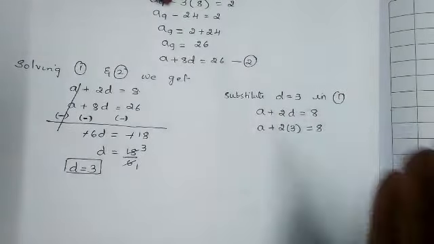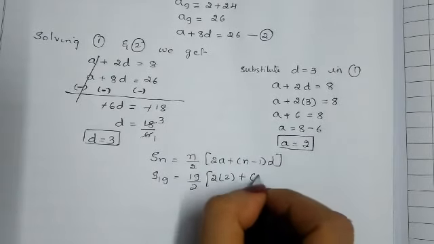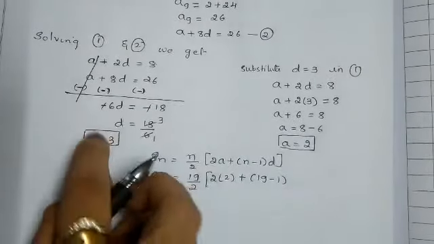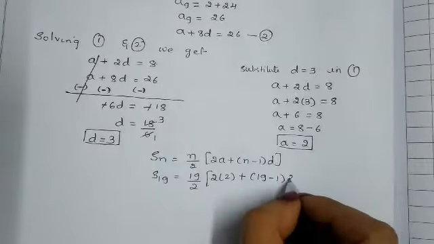So in place of n, S19 is equal to 19 by 2, 2a value is 2, plus n again 19 minus 1, d की वैल्यू क्या है 3. So 19 by 2 as it is, क्योंकि ये इवन नंबर नहीं है, it cannot be cancelled. 2 2s are 4 plus 19 minus 1, 18 into 3.